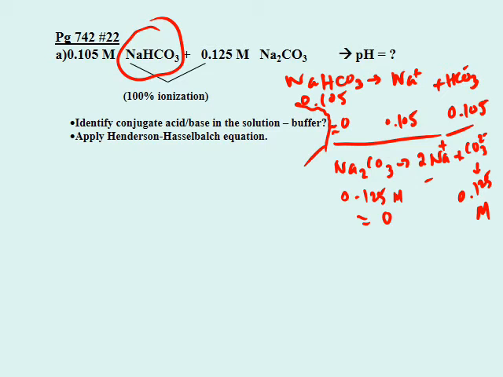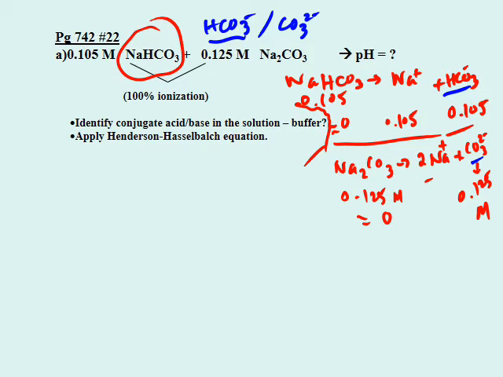So here you can see that HCO3 minus, if you look at these two species, let me highlight this. HCO3 minus and CO3 2 minus, these are a conjugate acid-base pair. The first one is acting as an acid, and the second one is the conjugate base, because you get the second species just by removing H plus from HCO3 minus.